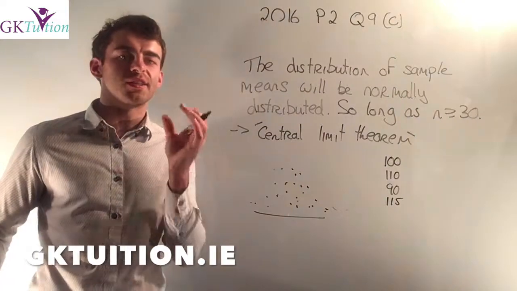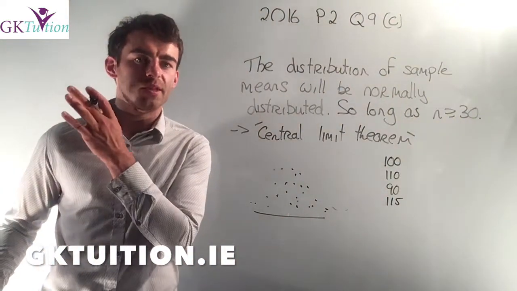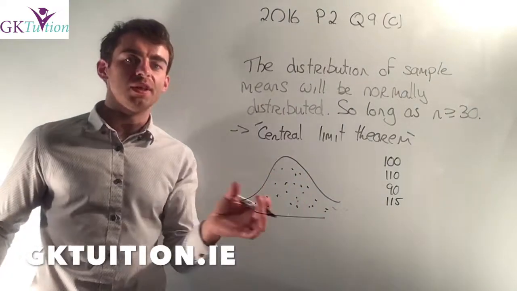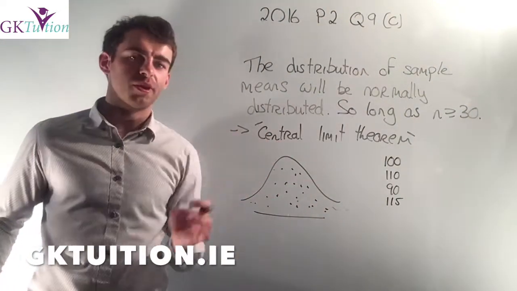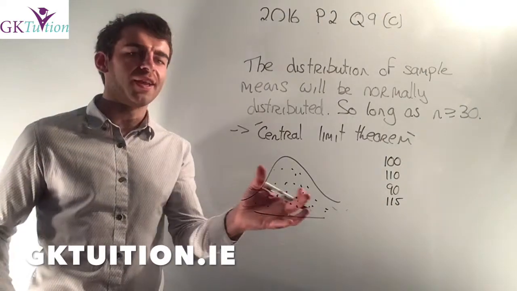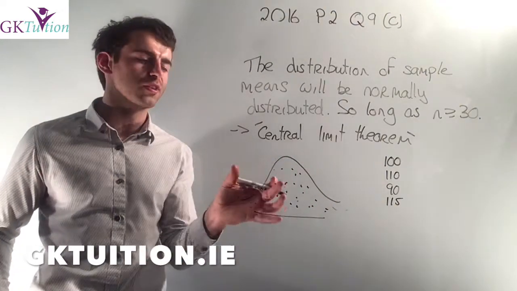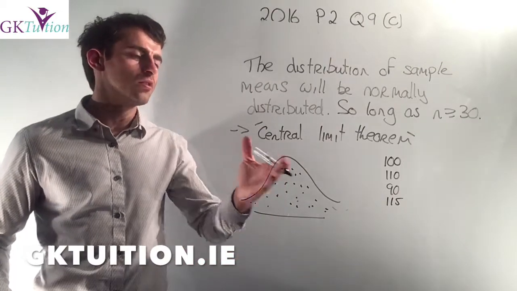Even though the size of each individual farm is not a normal distribution, the average size of a farm per county or per sample will be a normal distribution. And then I'll be able to carry out confidence intervals, hypothesis tests, or any kind of inferential statistics that I want.